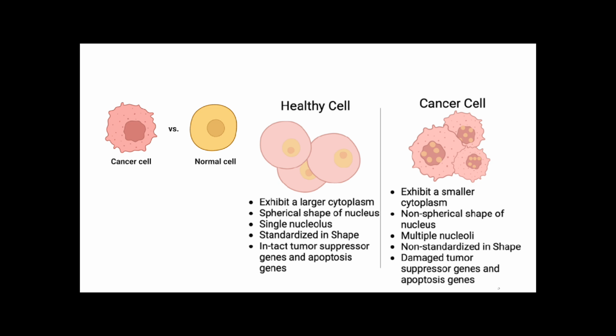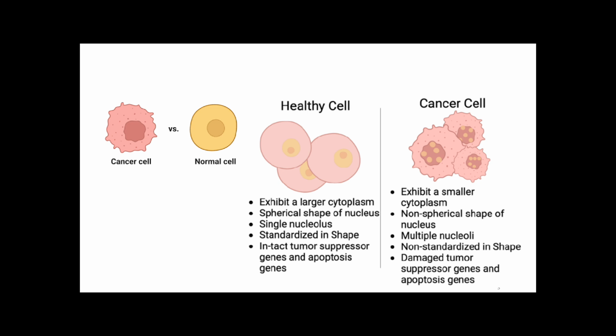And another thing, inside the cytoplasm we can see some extra ingredients, right? So in this picture, the first one on the left side, cancer cells, a dark pinkish color. At the center is the nucleus. The surrounding area is the cytoplasm.